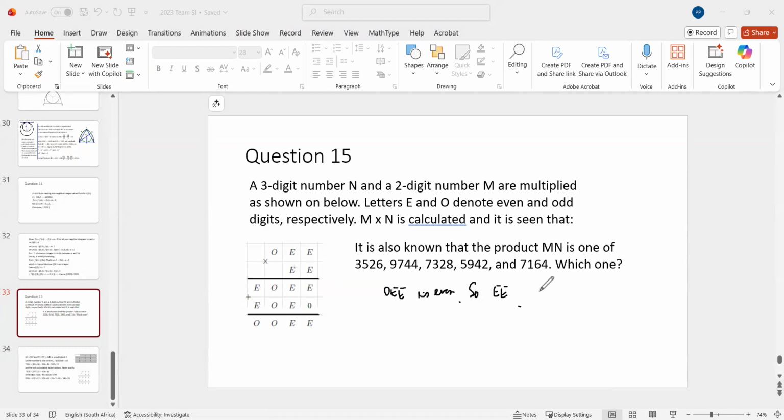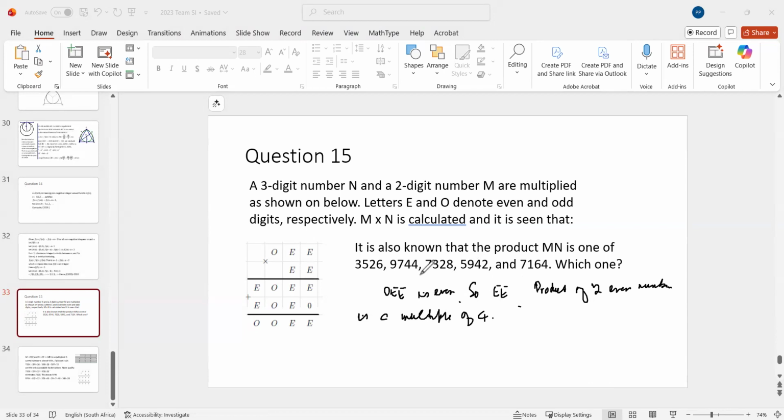The product of two even numbers is actually a multiple of 4, because you got 2 times something, times 2 times something, must be 4 times something. So your answer is going to be a multiple of 4.